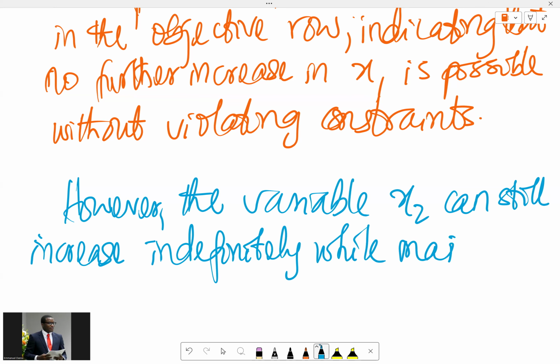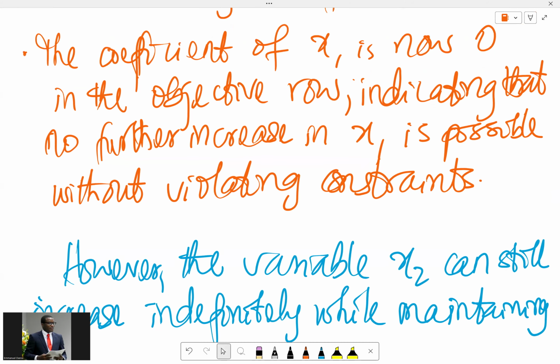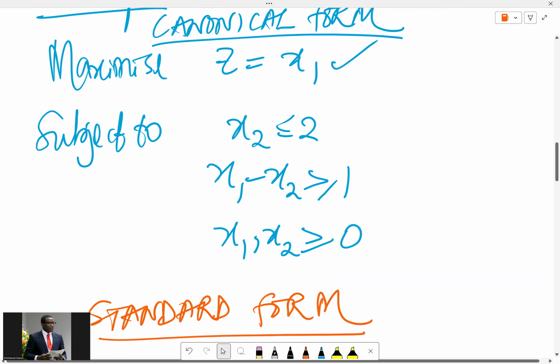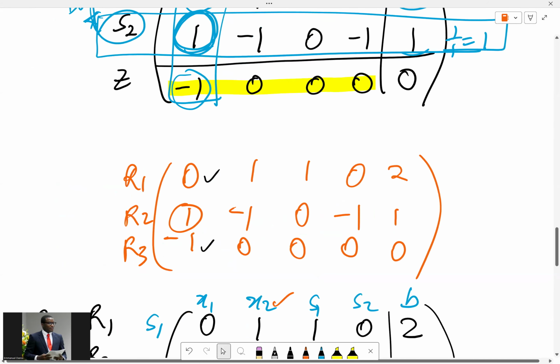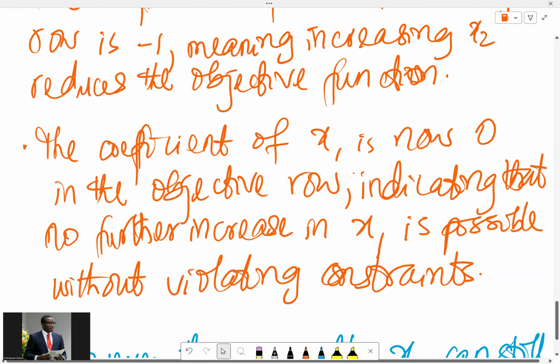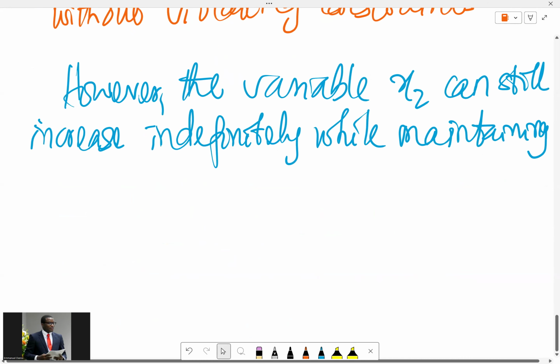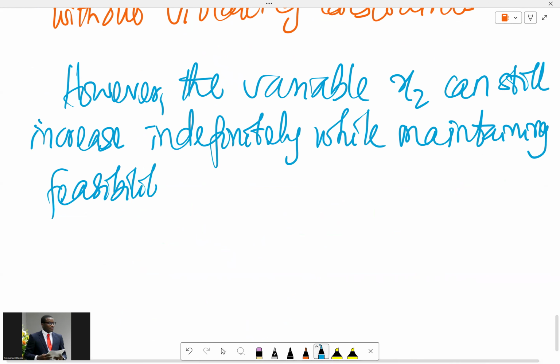Because of course you can see that x2 does not impact the objective function, as the objective function itself is just z equals x1. So x2 has no impact on it. If you keep increasing x2, no problem. The variable x2 can still increase indefinitely while maintaining feasibility.